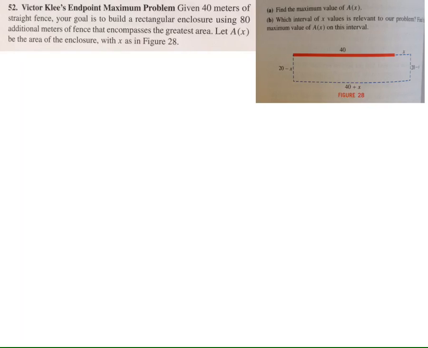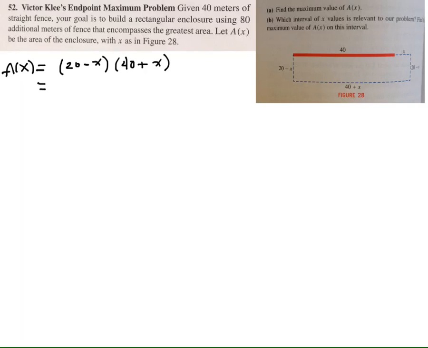Okay, so let's see. We know that A of x is the area of this rectangle in the figure. And the area of this rectangle is 20 minus x, the height, times the length, which is 40 plus x.